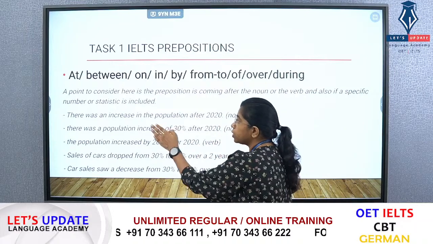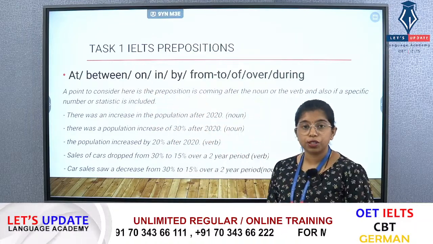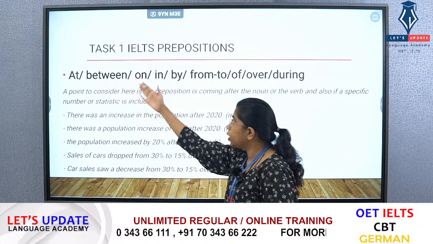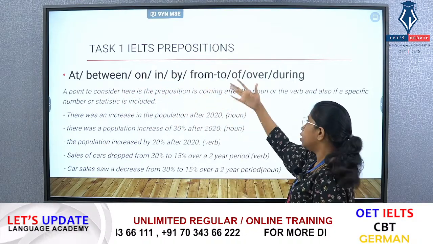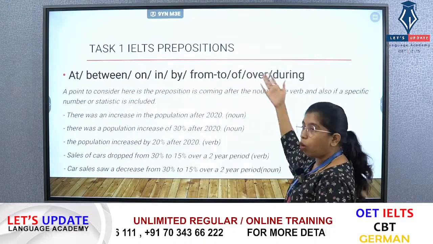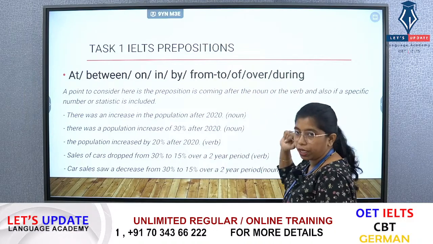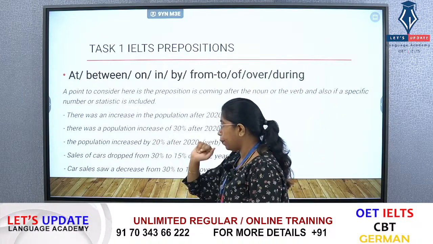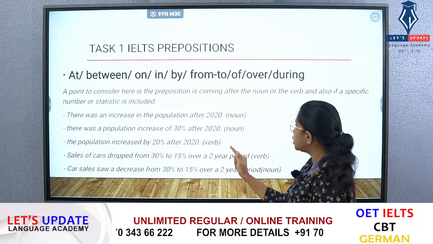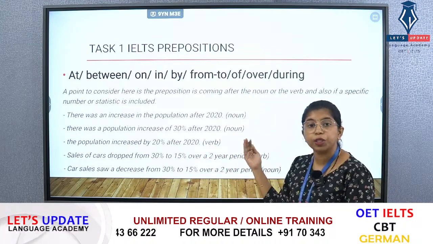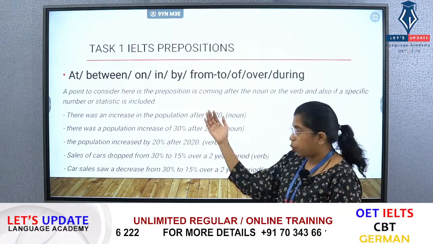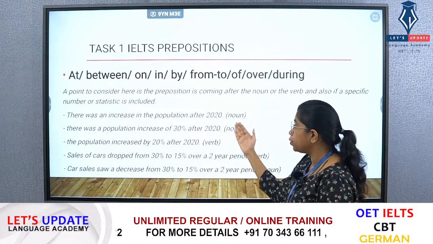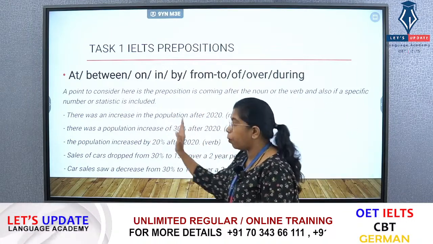So in that case, the prepositions we use are at, between, on, in, by, then from, to, then of, over, and during. I'll give you an example. There was an increase in the population after 2020. Okay, which is the preposition here?